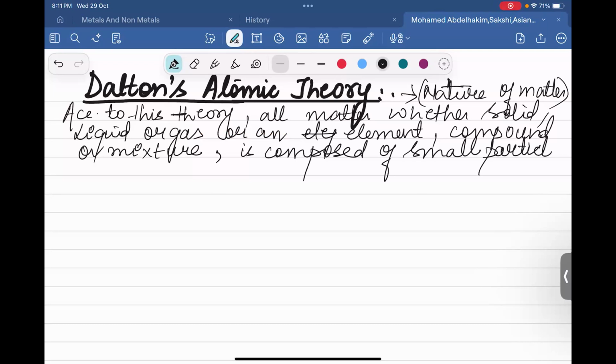As I told you in the very first class of this chapter, all the elements are made up of very, very tiny particles called atoms.